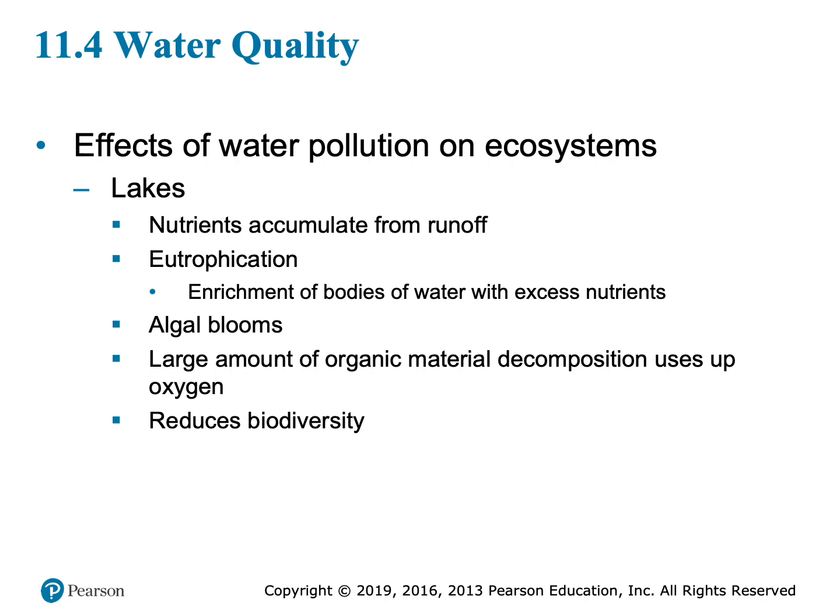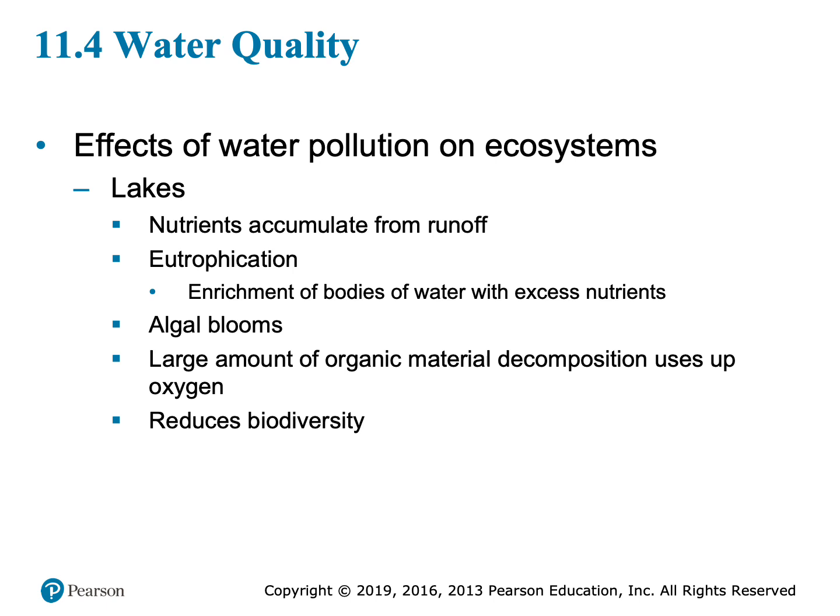Lakes can be affected by water pollution. Nutrients can accumulate from runoff. Eutrophication is what we call the enrichment of bodies of water with excess nutrients, and it can result in rapid growth of certain populations of algae.